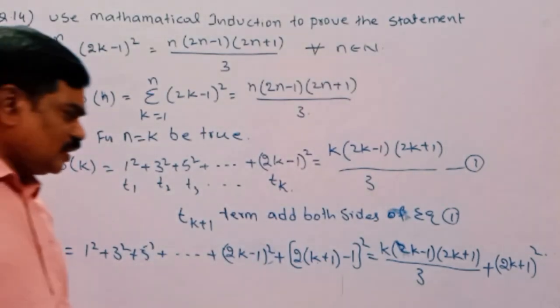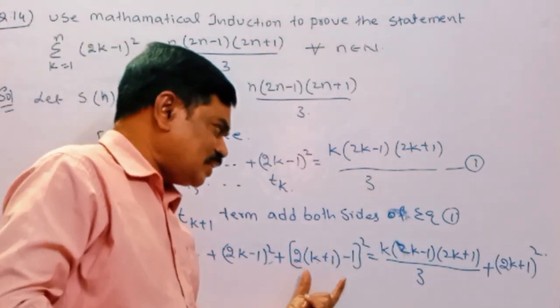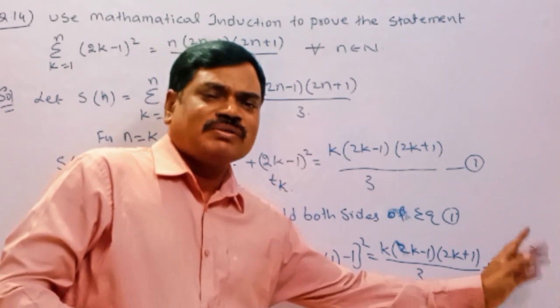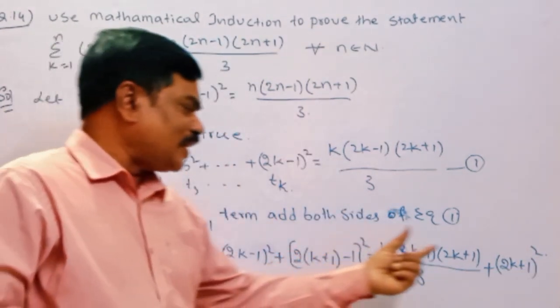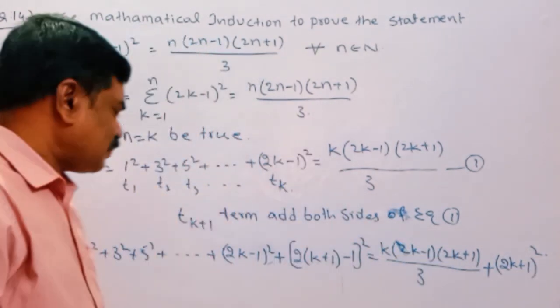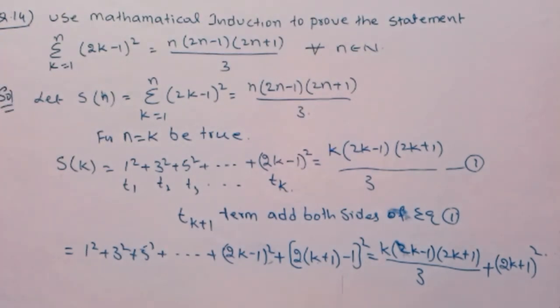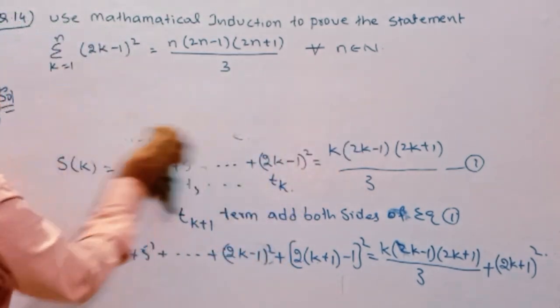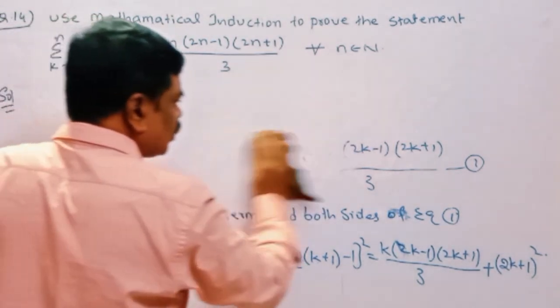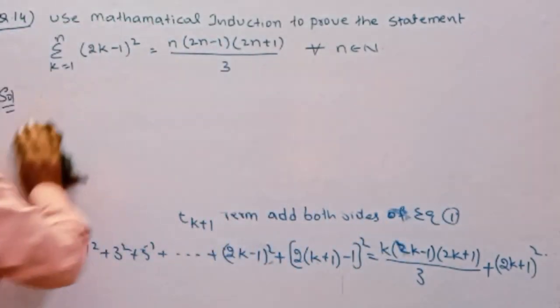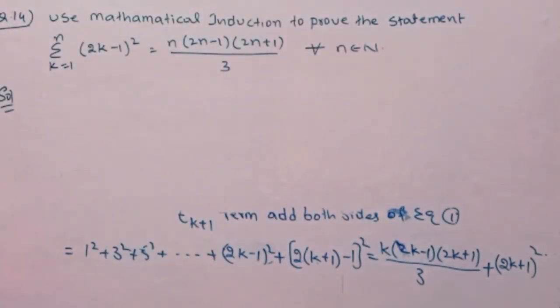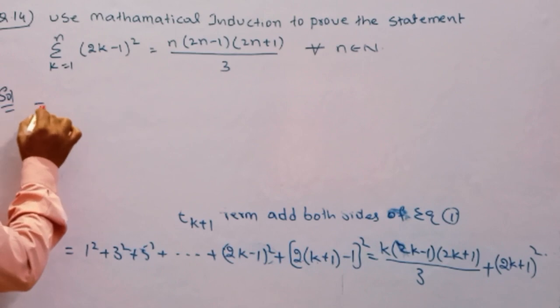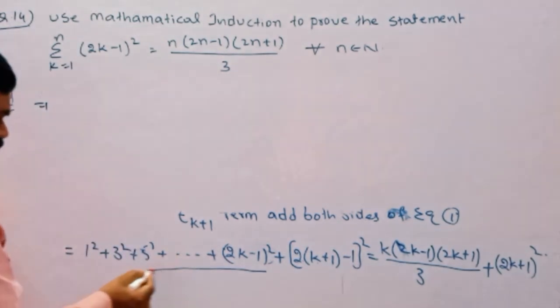Here the simplification of this is (2k plus 1) whole square, adding the (k plus 1)th term to both sides. Then after simplification, what will we get?